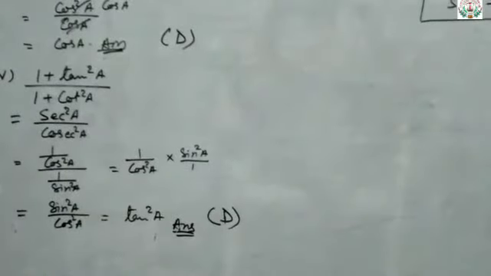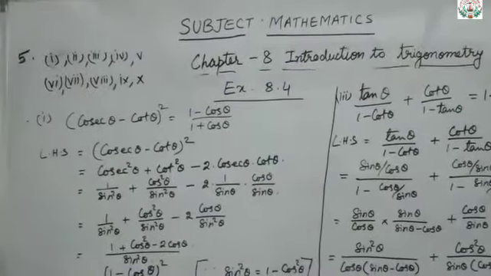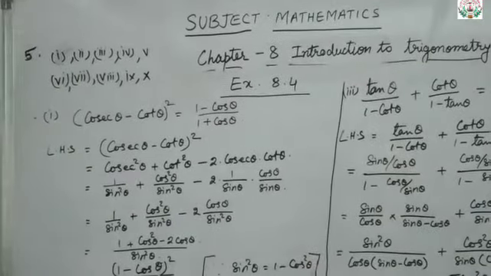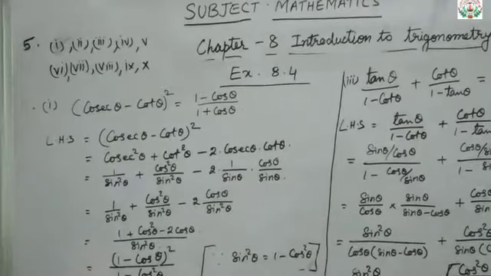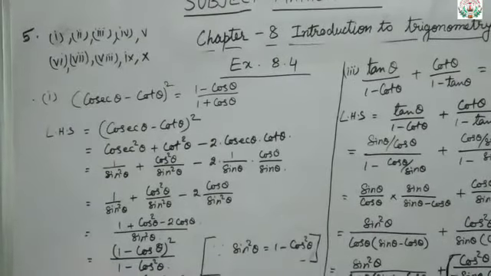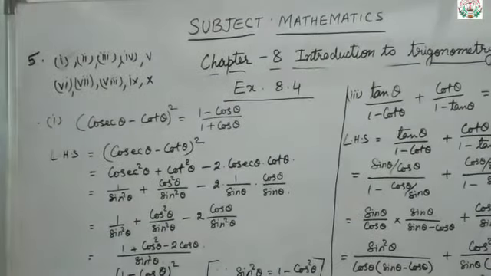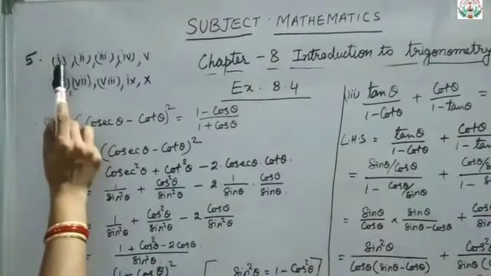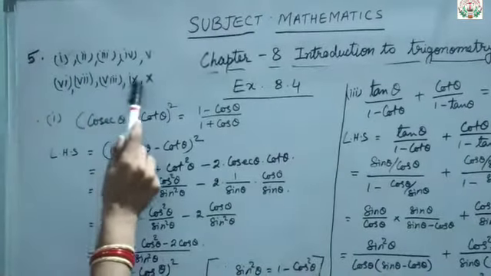Okay, thank you. Now see children, question number 5, what is given in the book? Prove the following identities where the angles involved are acute angles for which the expressions are defined. In the fifth question we have 10 parts, 1, 2, 3, 4, 5, 6, 7, 8, 9 and 10.